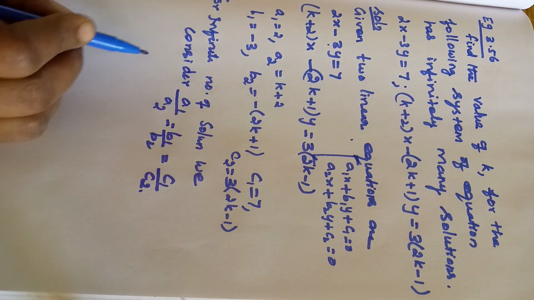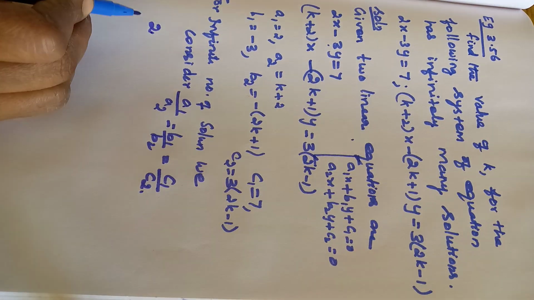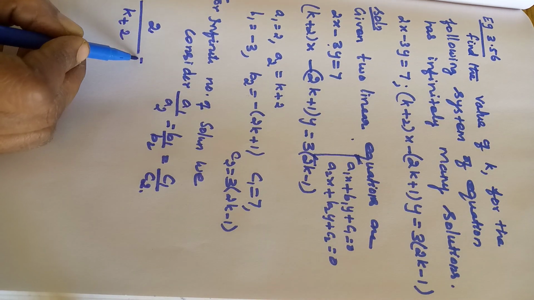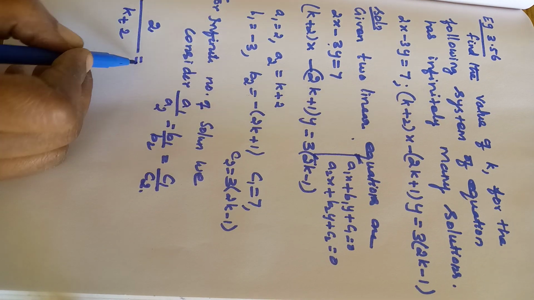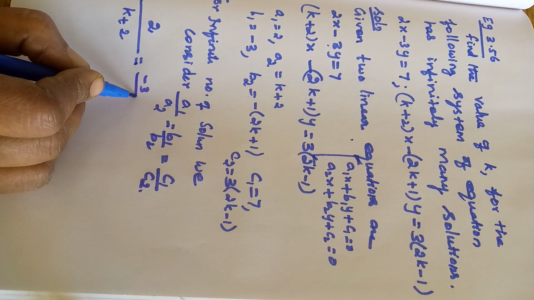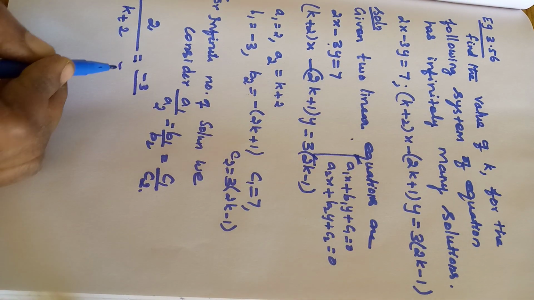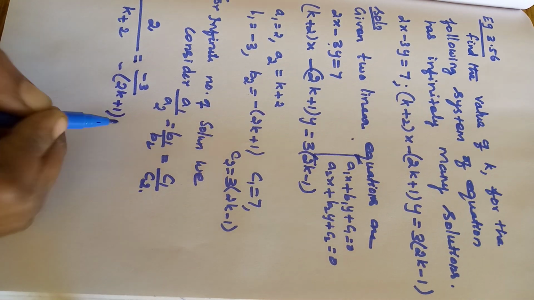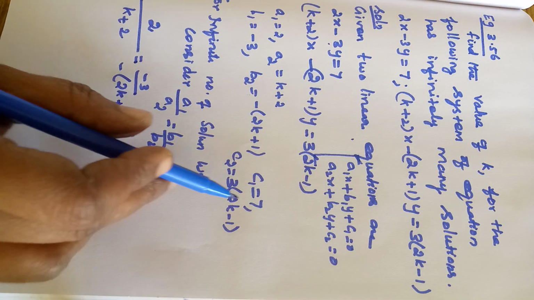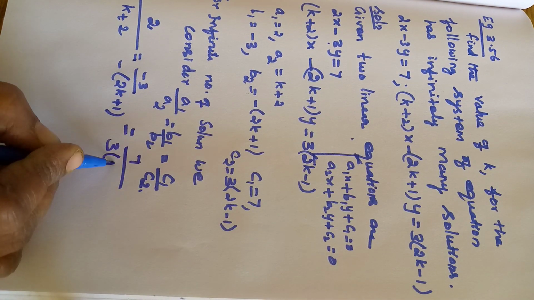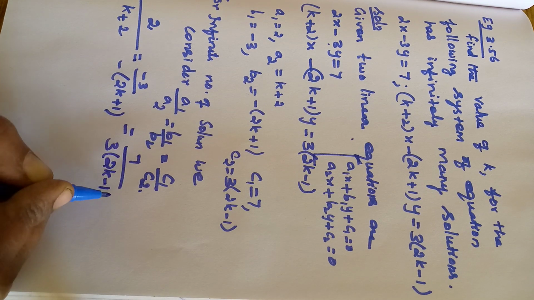Here a1 is 2, a2 is k plus 2, b1 is minus 3, b2 is minus of (2k plus 1), c1 is 7, c2 is 3 into (2k minus 1).